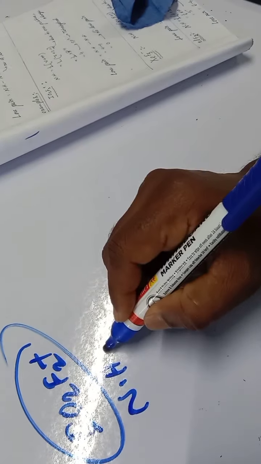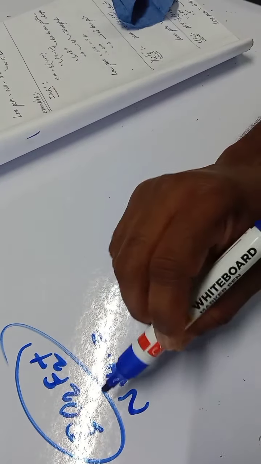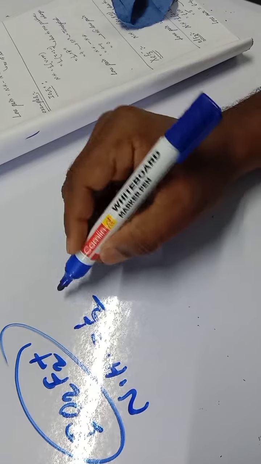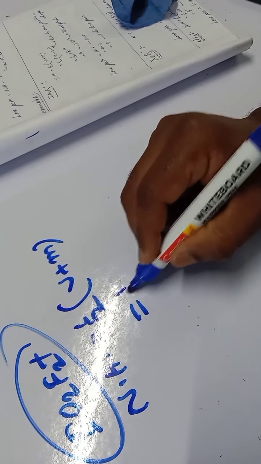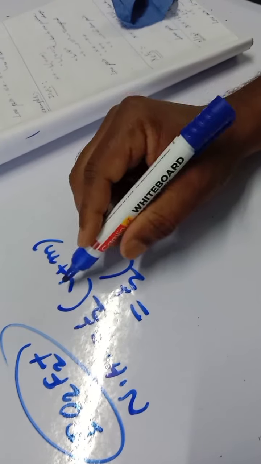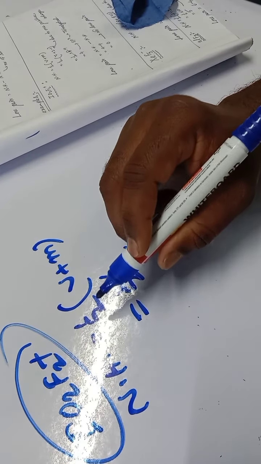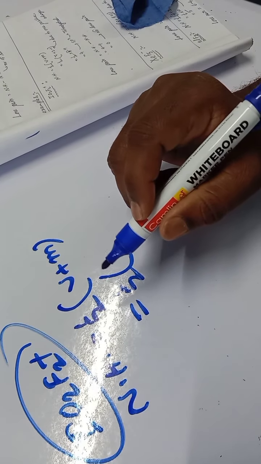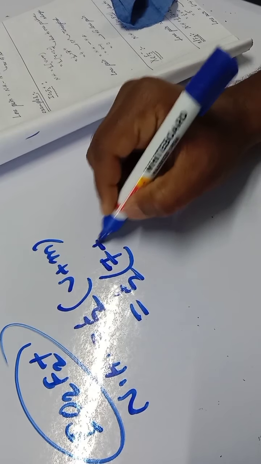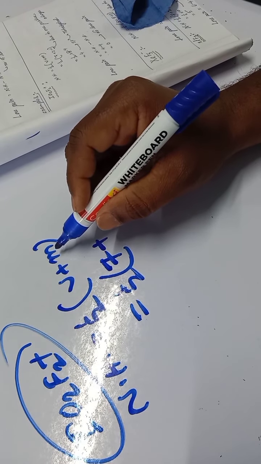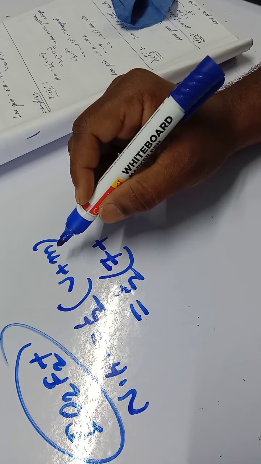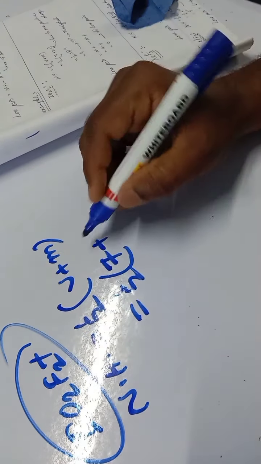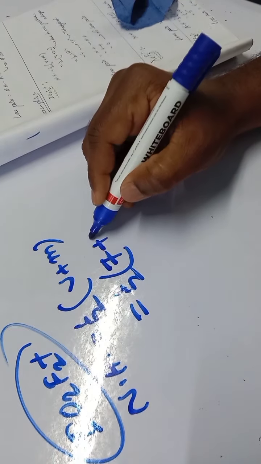The number of hybridization is half of V plus M. V means the number of valence electrons of the central atom, 7. M means the number of monovalent atoms connected to the central atom, that is the number of fluorine, 2.